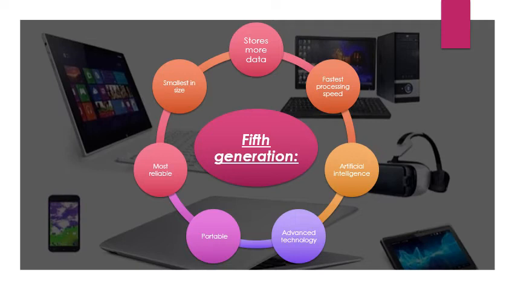Vacuum tubes were used in the first generation, transistors in the second, ICs and microprocessors for the very first time in the third generation, and they were improved in the fourth. In the fifth generation, all of these things are present, plus artificial intelligence.